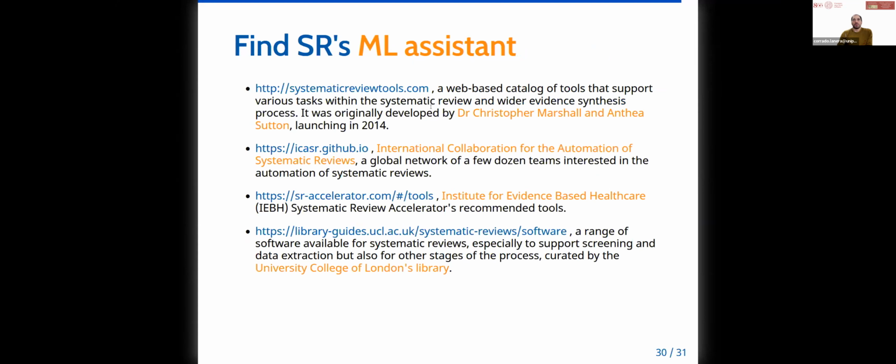To conclude, I put here some links in which you can find many tools that can assist you in systematic reviews. I think they are quite effective if you would like to explore some tools to assist you.